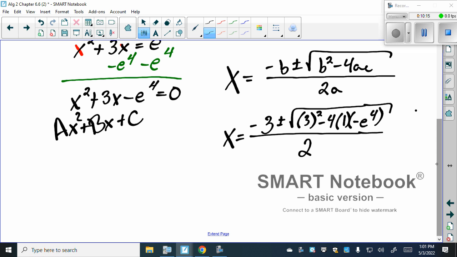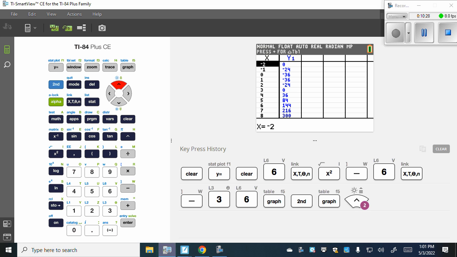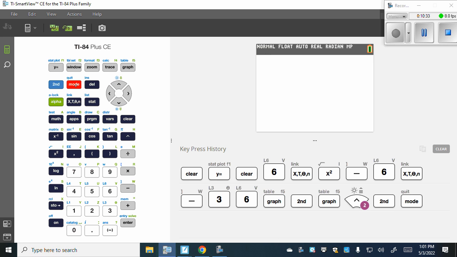Will the number that comes out of this square root be a nice number? Well, no, because e is not a nice number to begin with, and if we're square rooting it, it's not going to be too nice from there. But we can use a graphing calculator to calculate this out.